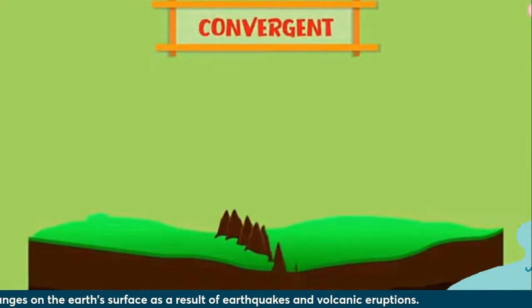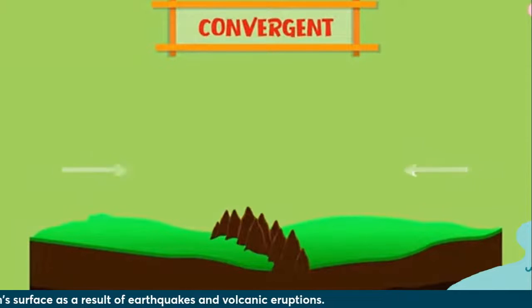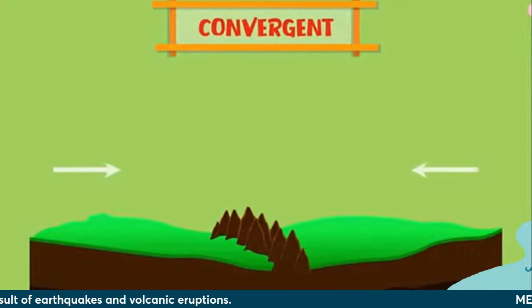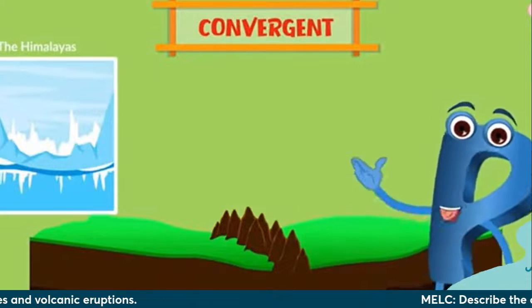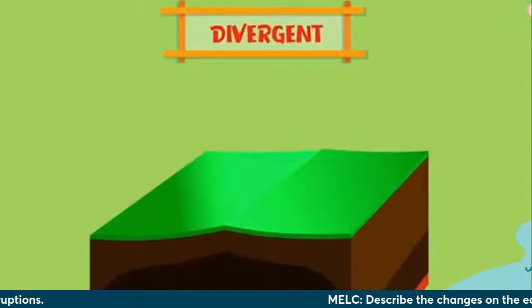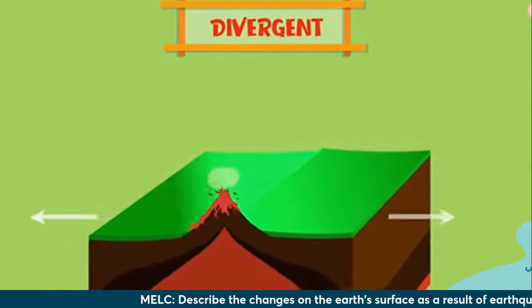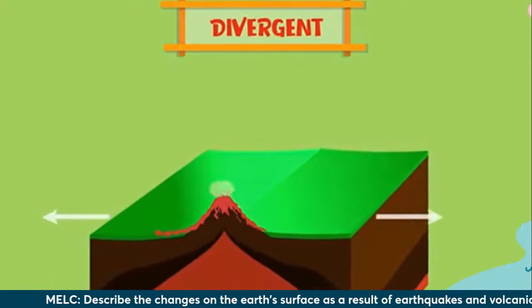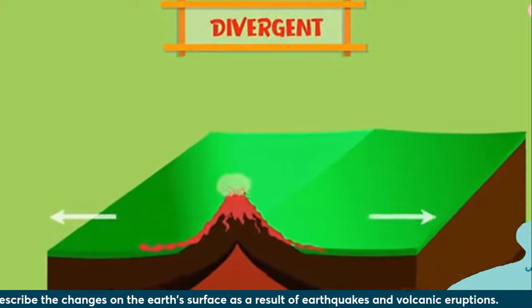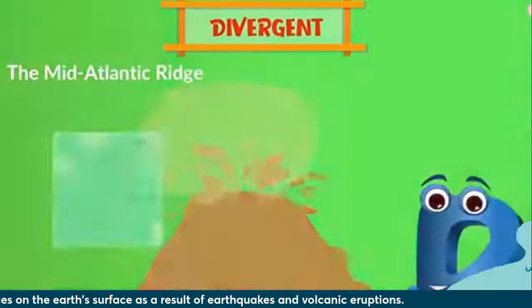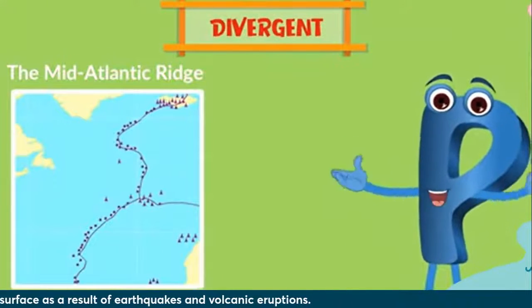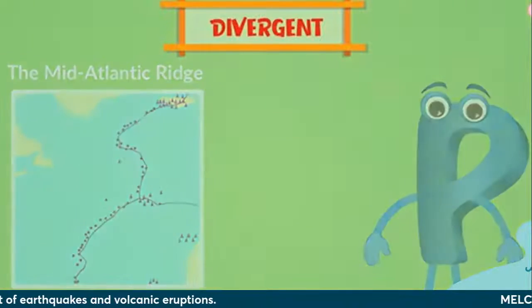Convergent is a movement where plates move close to each other. This is an example of convergent plate movement. Another one is divergent. This is where tectonic plates move away from each other, and a volcano is formed in this movement.